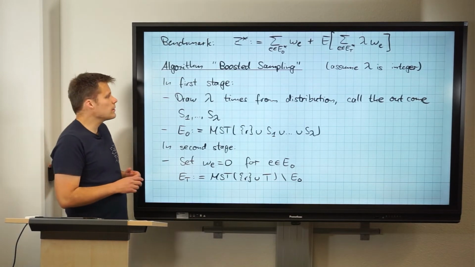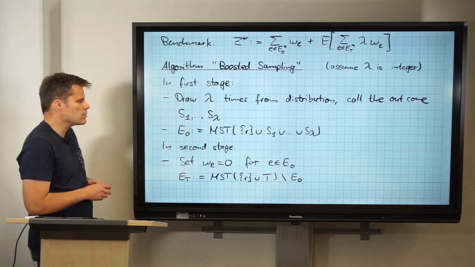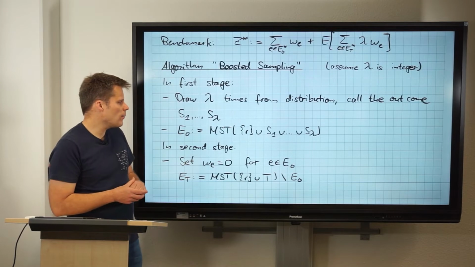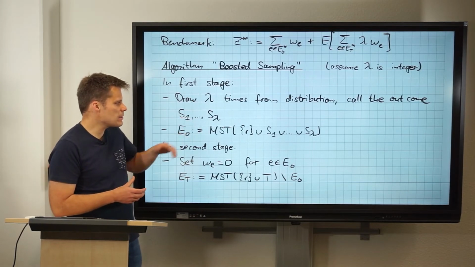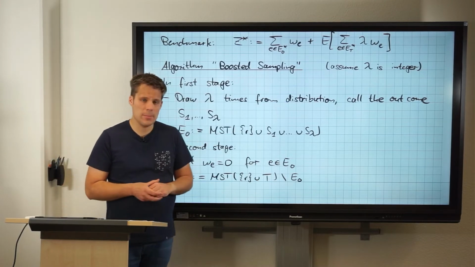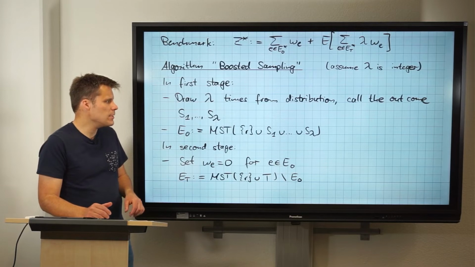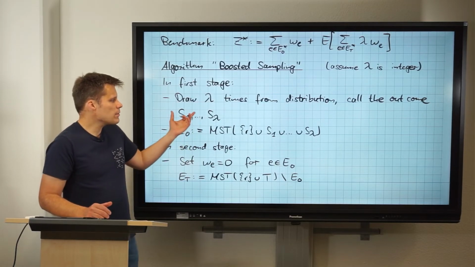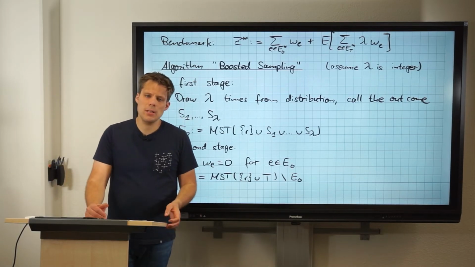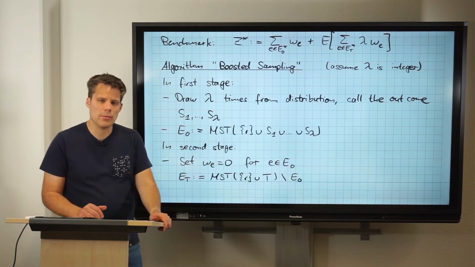Good. So this is actually a very simple algorithm. How long does it take to run it? Here we'll have lambda times that we draw from a probability distribution. And then we run a minimum spanning tree. Then here we also compute another minimum spanning tree. And the point is, of course, if lambda is polynomially bounded in the input size, then this will be a polynomial time algorithm.